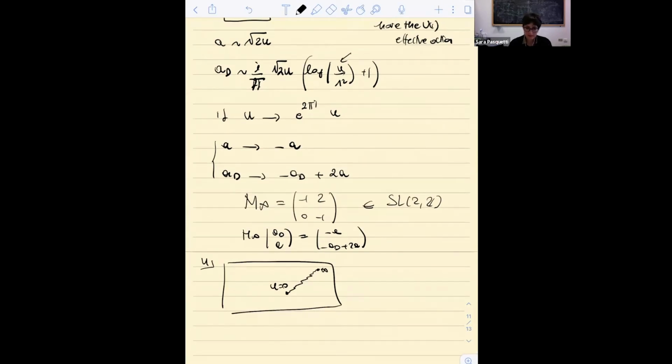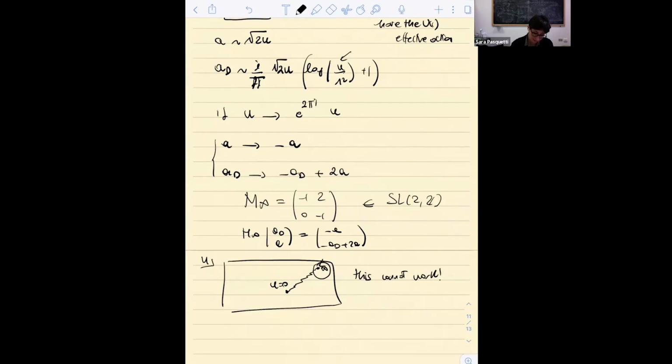But basically, this cannot work. The reason is that if you do a monodromy at infinity, it is basically the same monodromy that you do in the opposite sense around zero. So the monodromy at infinity is basically the monodromy at zero. But under both of them, A flips sign, while A squared does not flip sign.